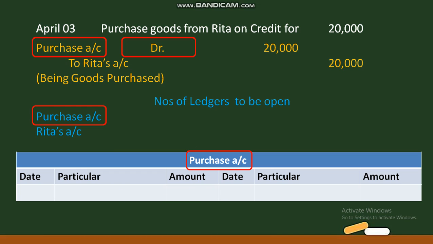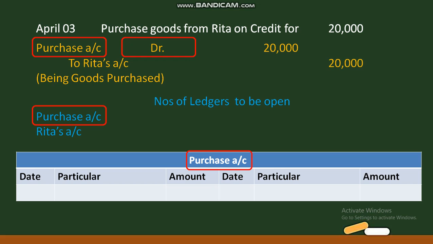In this transaction we can check that Rita was the reason, because of the purchase. That's why we write this transaction on the debit side of the purchase account. Purchase account debited means we record that transaction on the debit side of the purchase account. Debit side means left hand side.